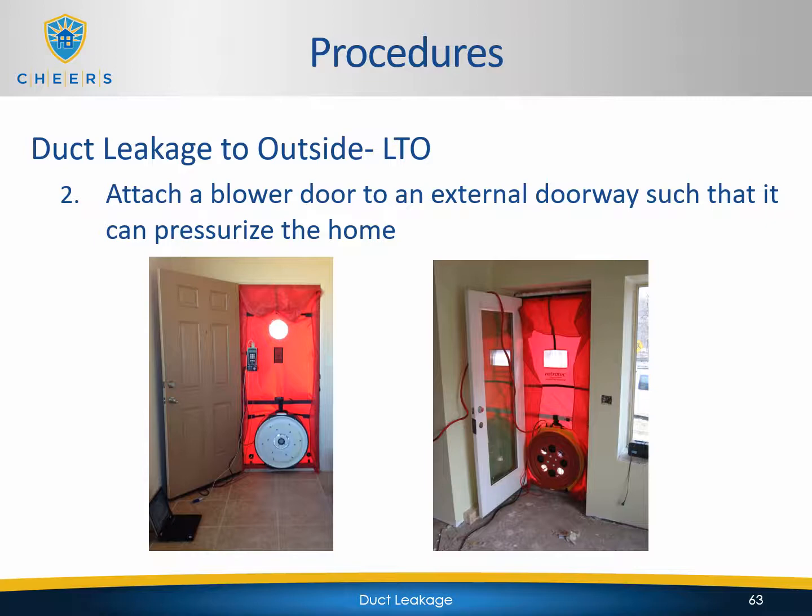Next, you're going to attach a blower door to an external doorway such that it can pressurize the home. So you want to have the fan facing inward so that you can pressurize the house to 25 pascals versus when you're doing a blower door, you're generally going to depressurize the house. So this is going to be set up in the reverse of what you would normally do for a blower door test.